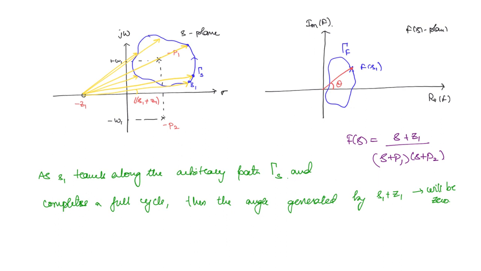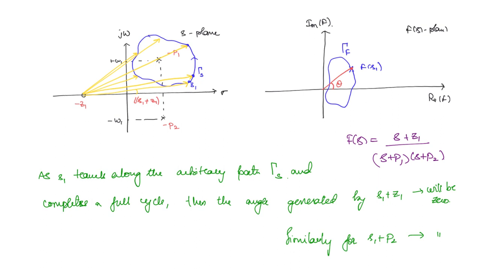So that means the net angle generated is 0. The same thing you will notice for this vector s1 plus p2 as well. You can draw the vectors like this and then you will see that the total angle generated will be 0. So similarly, for s1 plus p2 also, the angle generated will be 0.